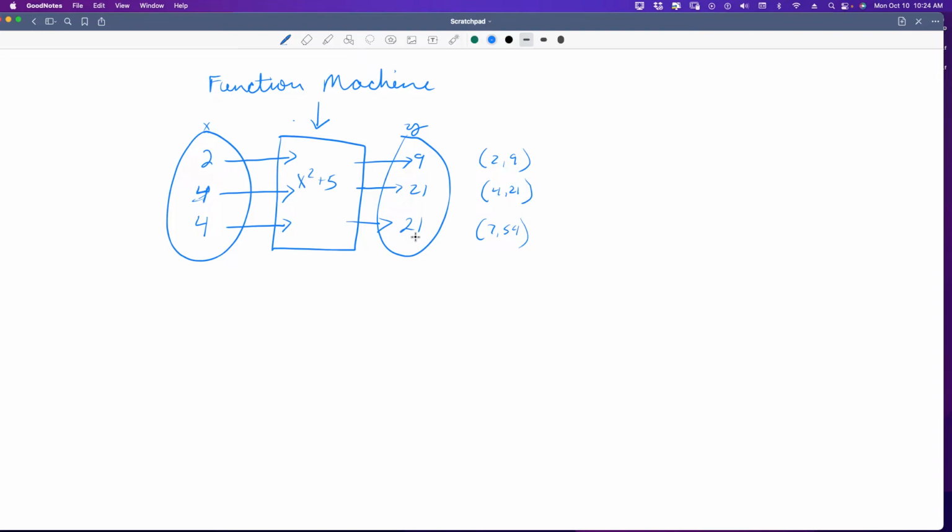That's what it's saying. It's saying that for every value of x, the value for y is going to remain the same. You're not going to have 2 different values for y in a function. All right? So you cannot have duplicate values here without duplicate values here.